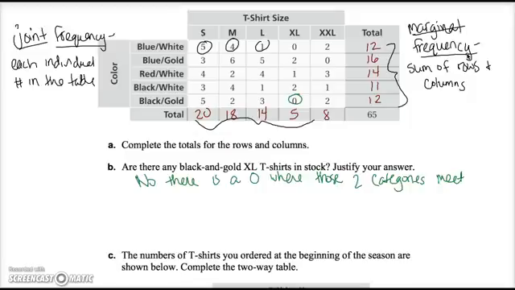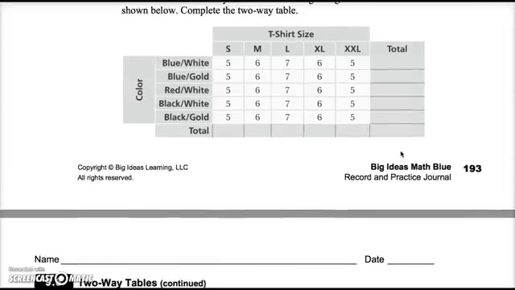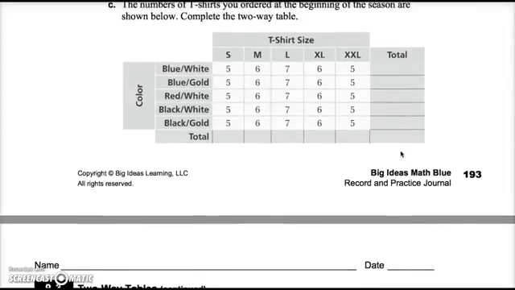Okay, now part C says the number of t-shirts you ordered at the beginning of the season are shown below. Complete the two-way table. So this represents what you ordered. Remember, the first one was what you had left at the end of the season.